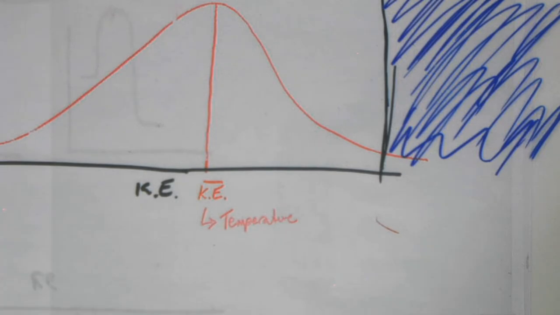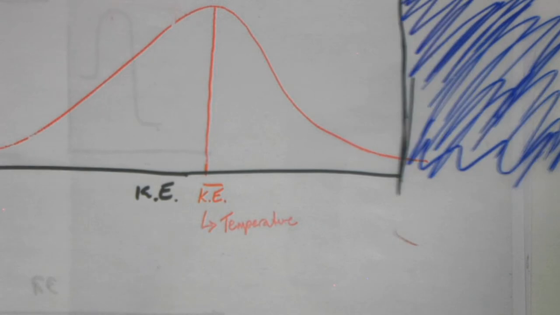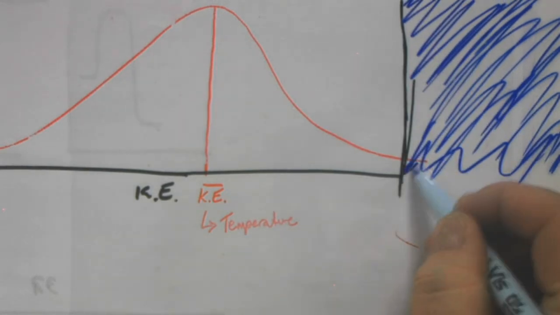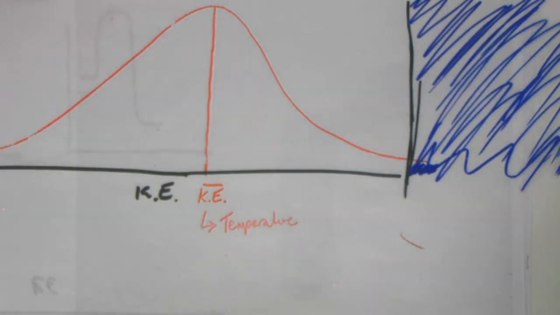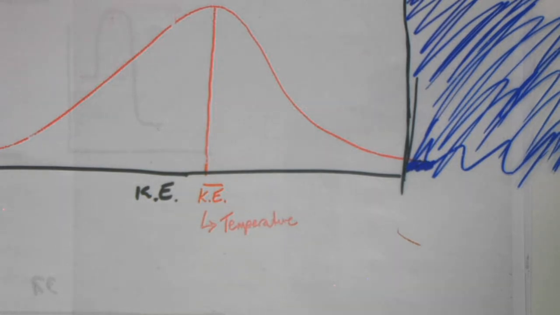And you have to have molecules with energy that is beyond this line. So molecules that are out here will be able to react, and it's only those highest energy molecules.